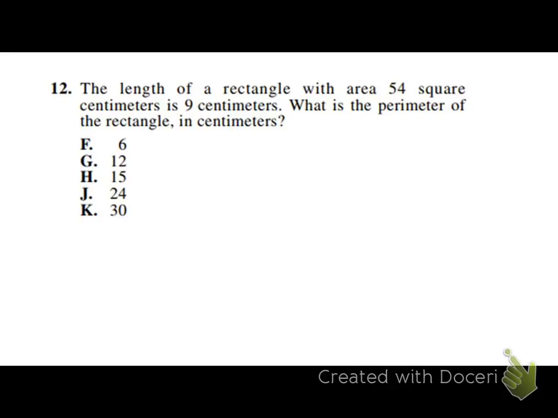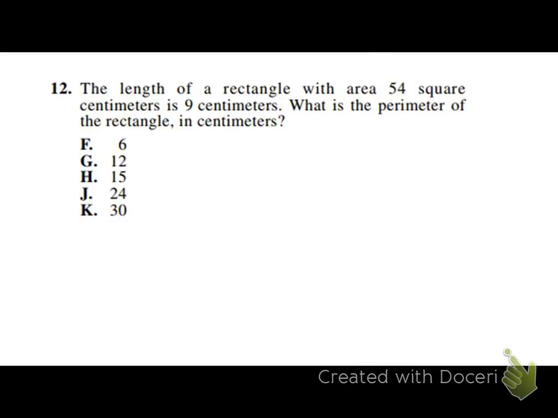Number 12: the length of a rectangle with area 54 square centimeters is 9 centimeters. What is the perimeter of the rectangle in centimeters? You want them to tell you what they think it is.